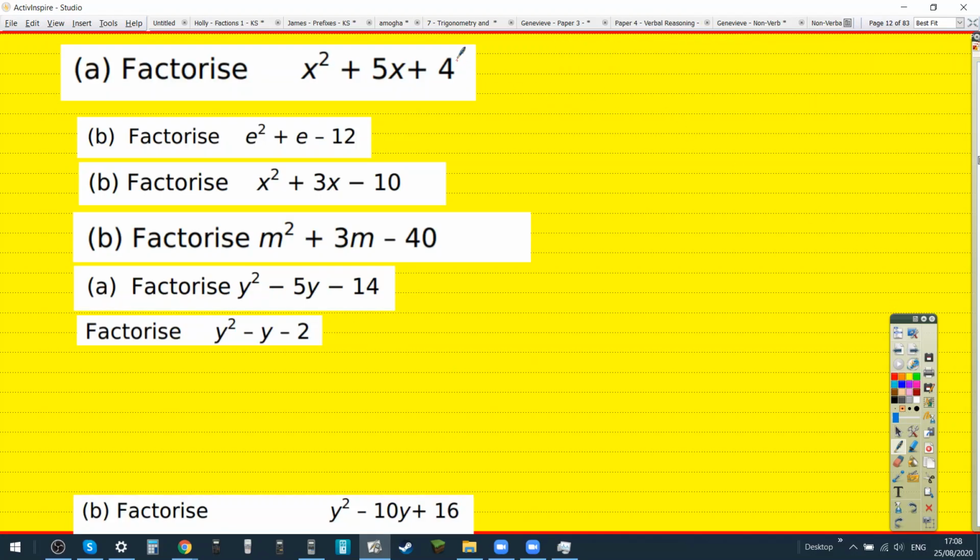Okay, so you have to do the first one. How would you do this top one? Factorize.